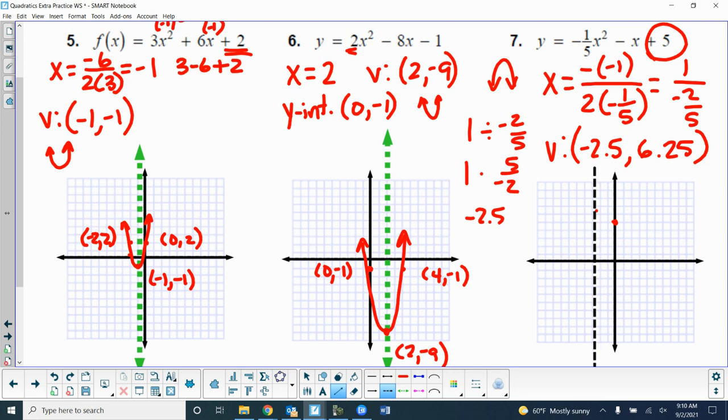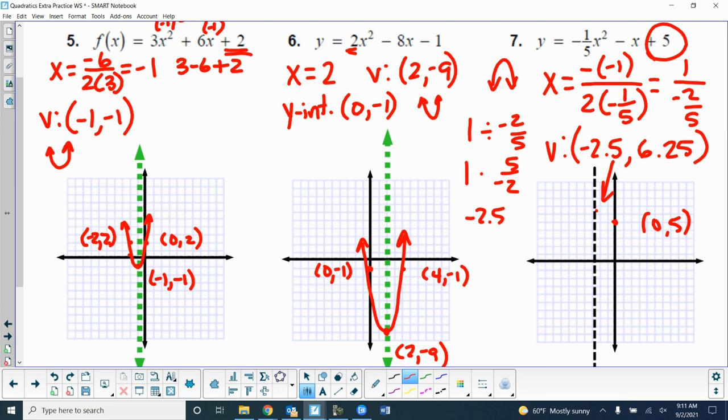All right. Where's my other point going to be? This is 5, 0, 5. I gotta get my pen back. This is right there. How far do I go?